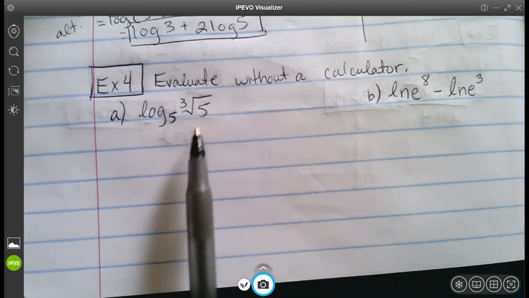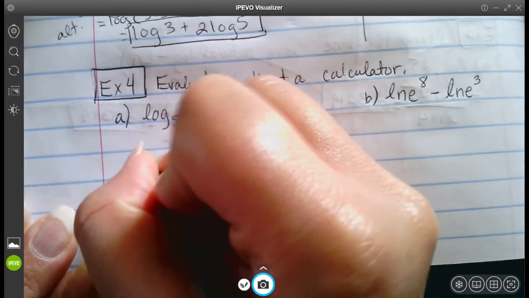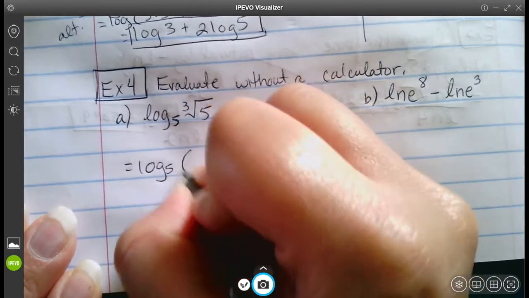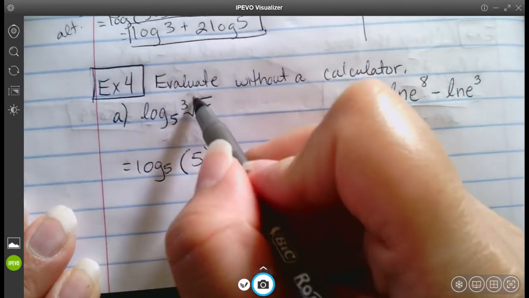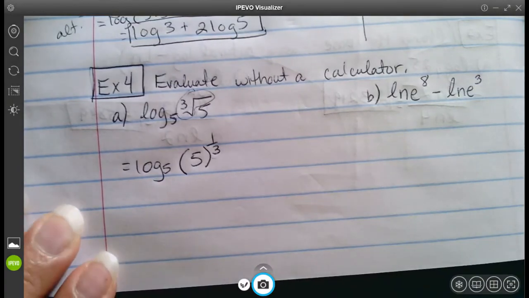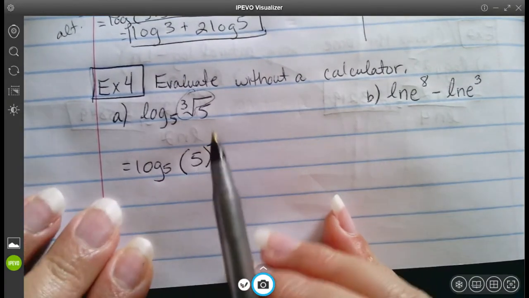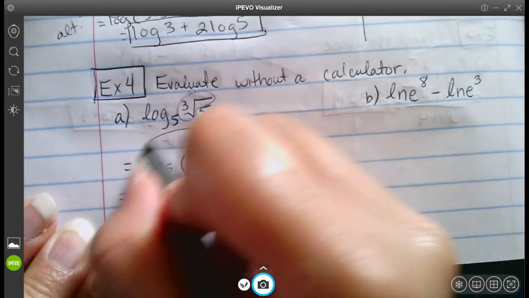For this one, I'm going to rewrite this right here in a different format. So log base 5, and I'm going to put 5 to the power of 1/3. Remember that this part right here is the same as that one little power to the 1/3, okay? And then I'm going to use my rules of exponents where I put the power in the front.